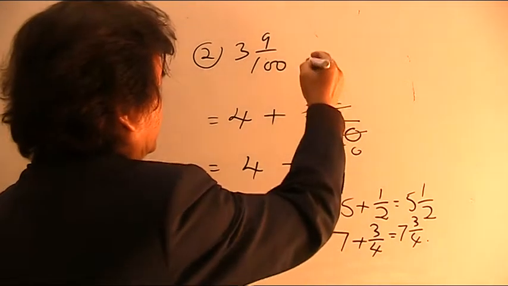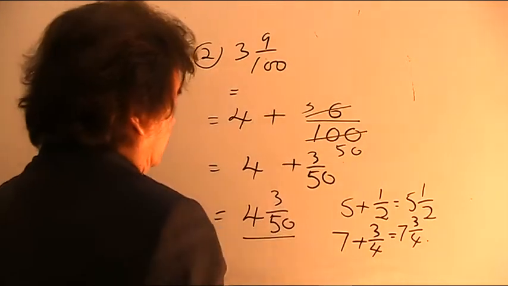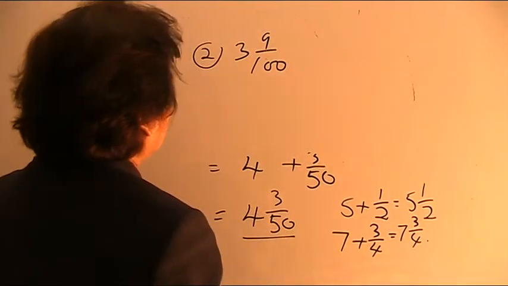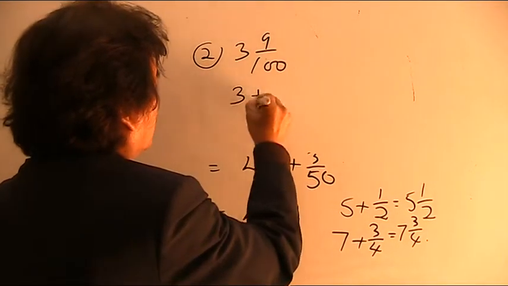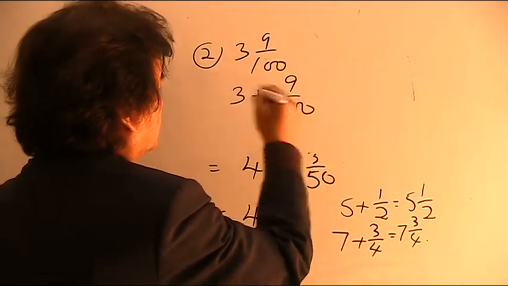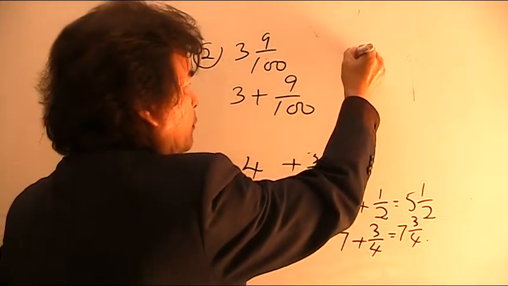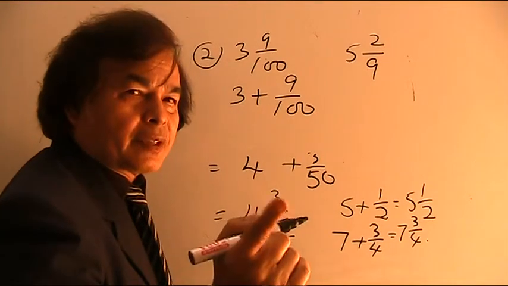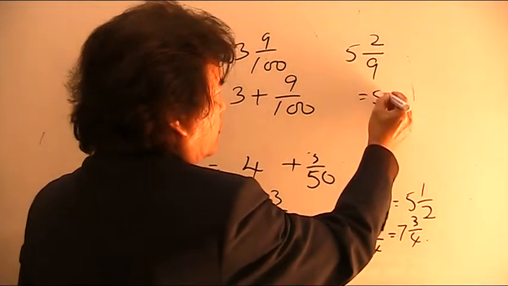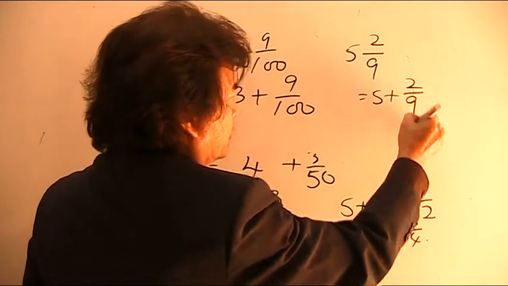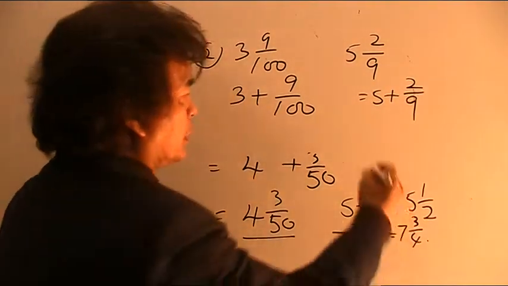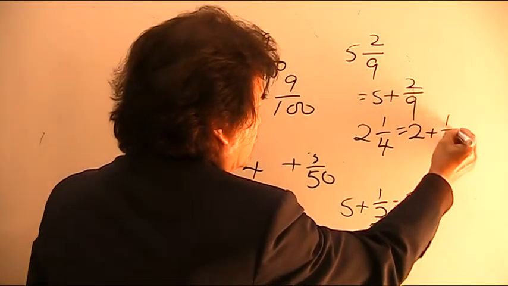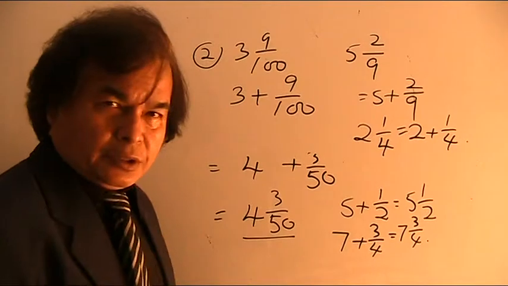This is the same thing as saying 3 plus 9 over 100. Just like when I say 5 2/9, this equals 5 plus 2 over 9. And 2 1/4 equals 2 plus 1 over 4, and so forth.